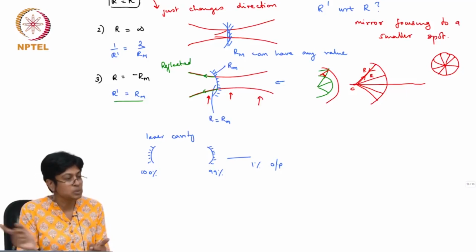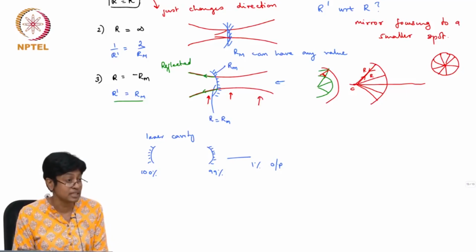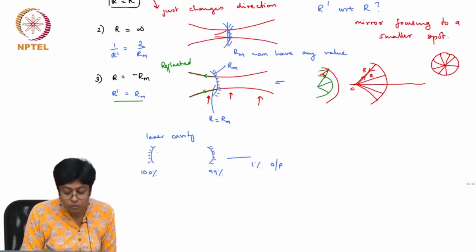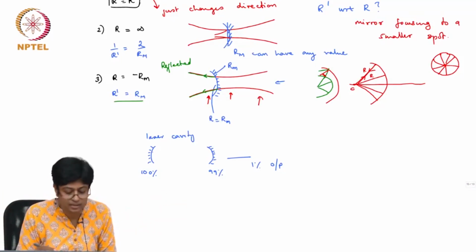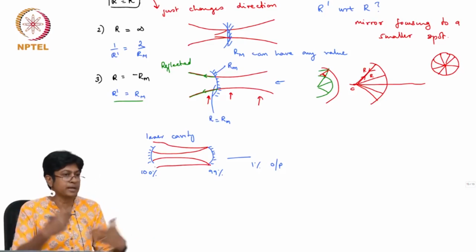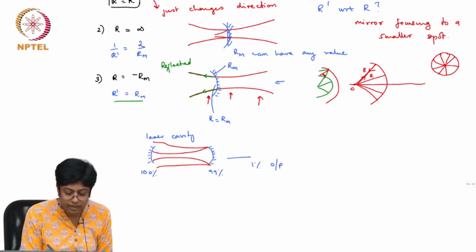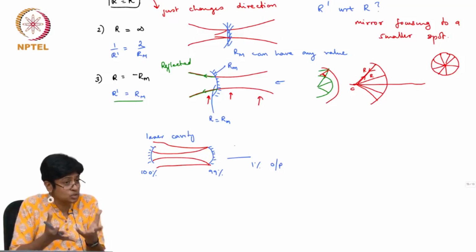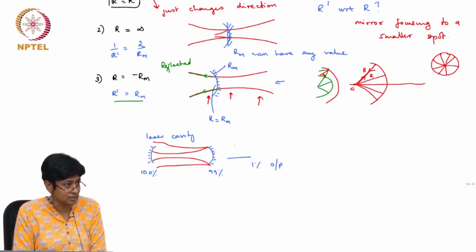And this beam is bouncing back and forth within this cavity. It must be a self-sustaining cavity. If every time the beam bounced back and forth it grew larger and larger, it would not be guided within this cavity. Eventually it would leak out, and whatever got reflected would come back but go on diverging, and I'm not storing my energy within the cavity.